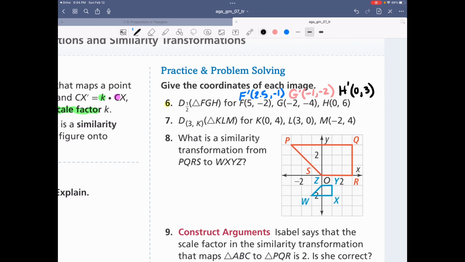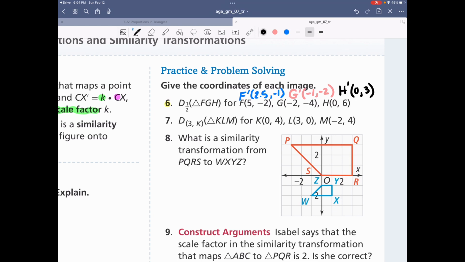Number 7. Not sure what this means, the k, and you're not going to have a question with a k on the test. K means the scale factor, but that's usually a little k.